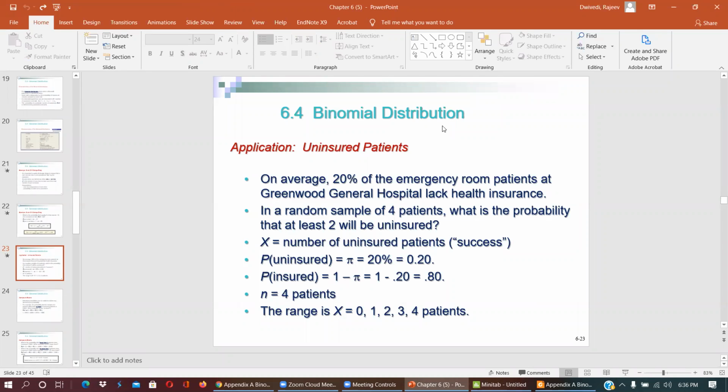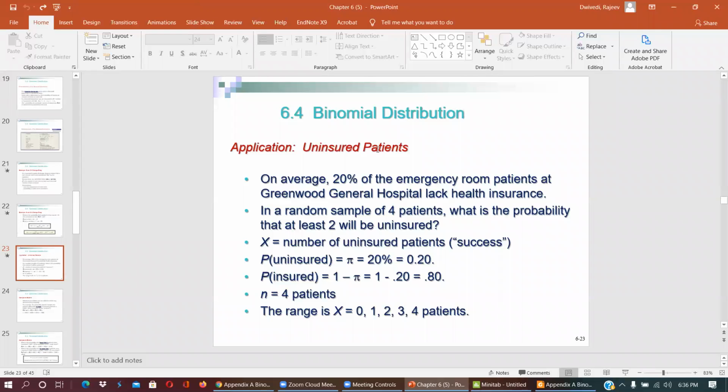Look into another case. Here is the question: on an average, 20% of emergency room patients at Greenwood Hospital lack health insurance. How do we get these 20%? Basically, based on empirical analysis.